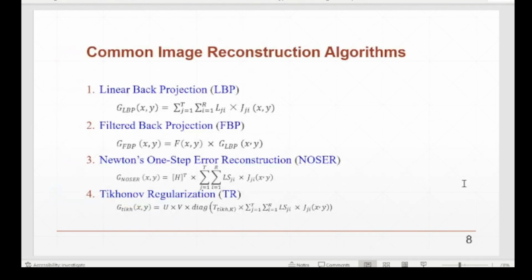This is the common reconstruction algorithm currently used in our tomography systems. We have linear back projection, which is quite a popular method. We also have filtered back projection algorithms. We have Newton one-step error reconstruction, or NOSER, and Tikhonov regularization, TR.